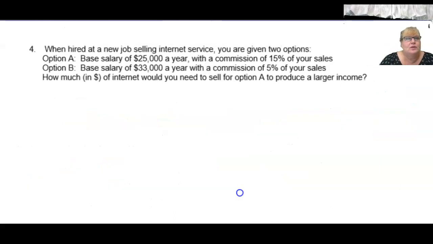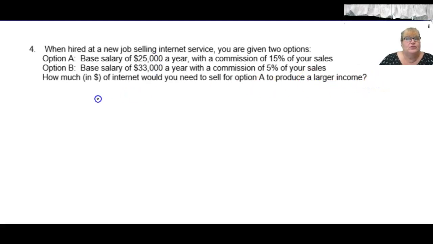All right. Number 4, this is a different kind of question, but very real world. It says, when hired at a new job selling internet service, you're given 2 options. You could take a base salary of $25,000 a year and get a really good commission of 15% on all your sales. Or you could start at $33,000 a year and get a commission of only 5%. So it says, how much money, dollars worth of internet would you need to sell for option A to produce a larger income?